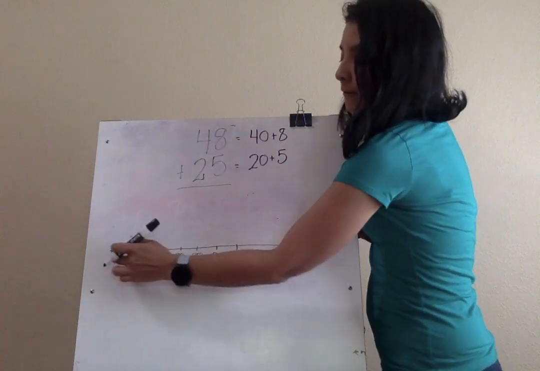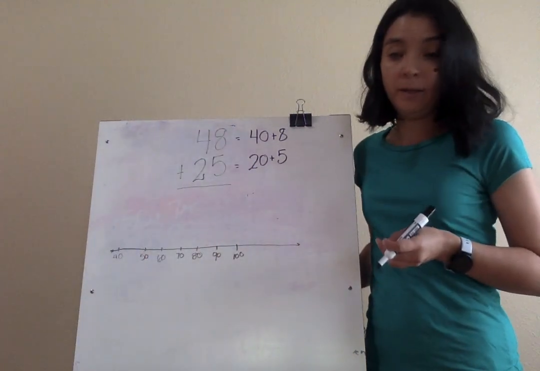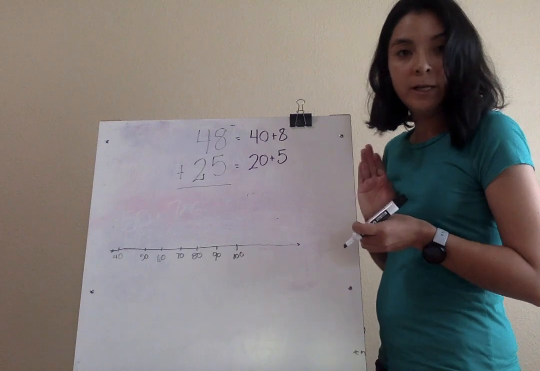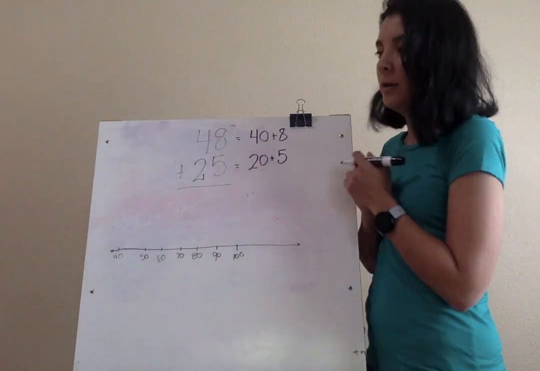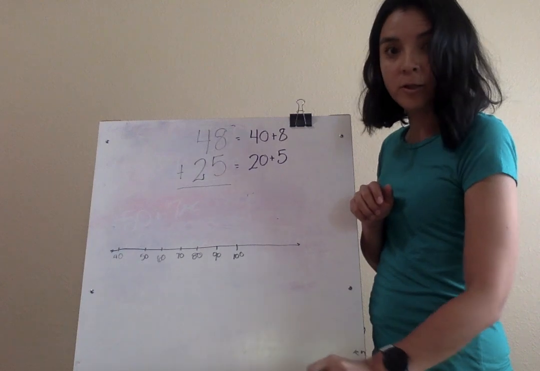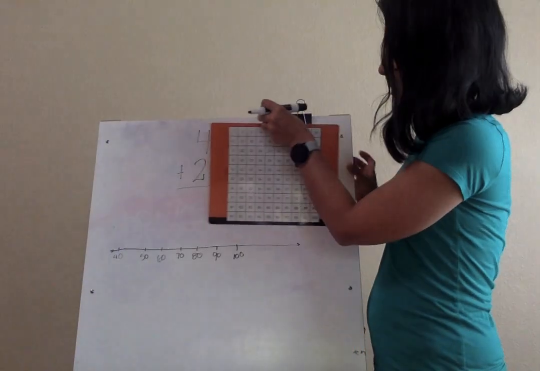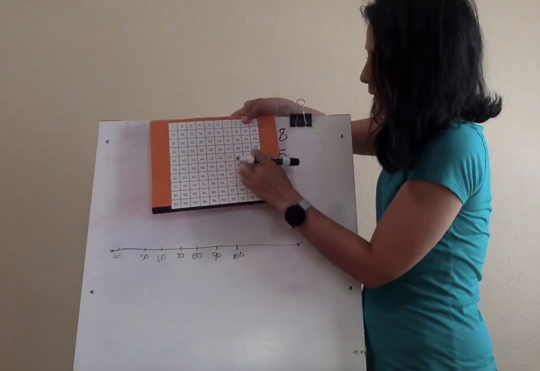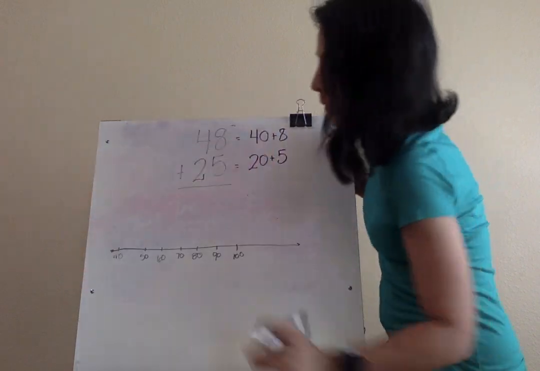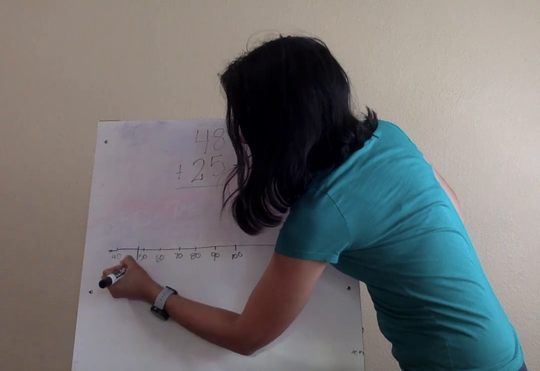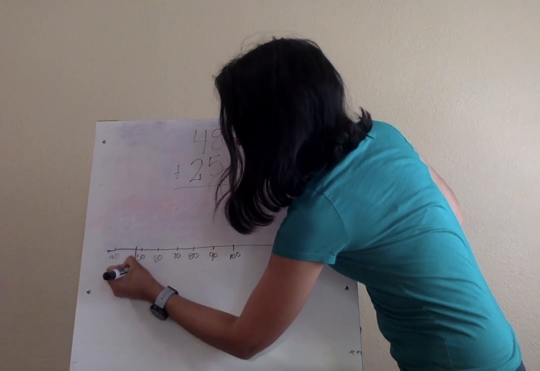I'm going to try to find 48 in my number line. I know that 48 is between 40 and 50. I see that 40 there, but is it closer to 40 or 50? I'm going to use my hundredth chart, and I see 48, and it's only 2 steps away from 50. So I'm going to put my 48 right here.